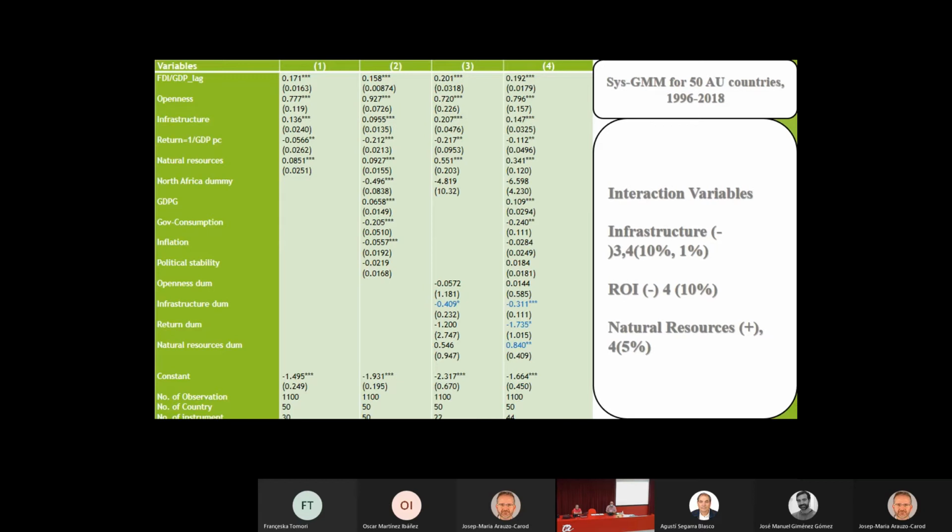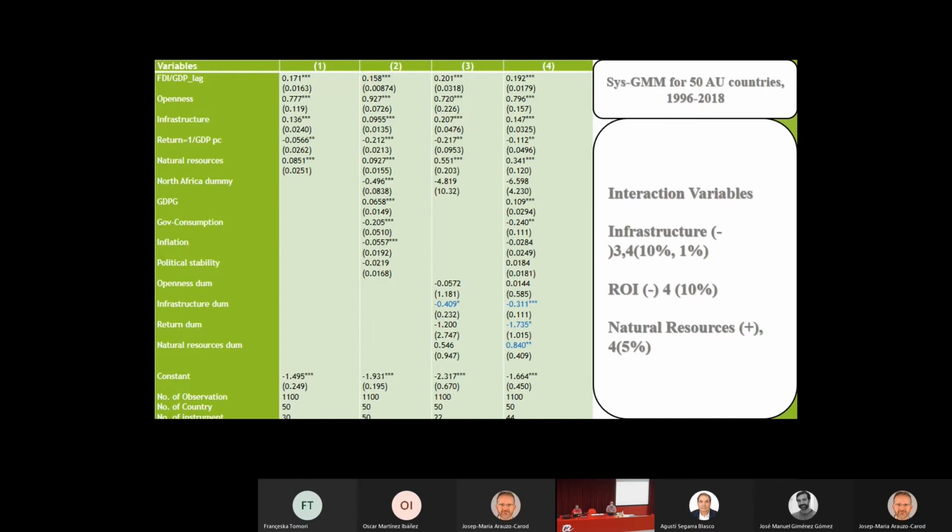The design of the results here: in the first column we are focusing on the four variables only with lag. In the second column I add the control variables to the central variables. In the third I add the interaction variables to the central ones.